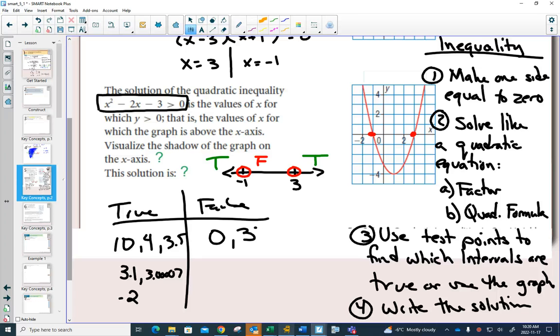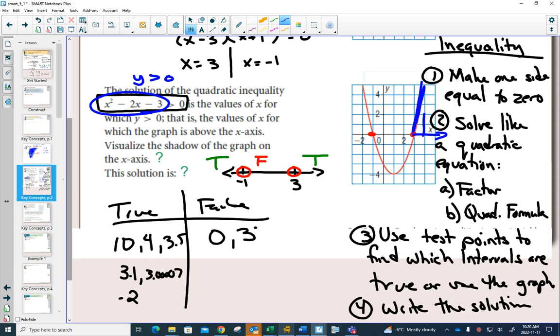It also says, or use the graph. Here's the graph. Can you see on the graph that when I am in this section here, bigger than 3, are my y values bigger than 0? These on the graph is what's equal to y, so we can replace that with y and ask, are the y values bigger than 0? Absolutely.